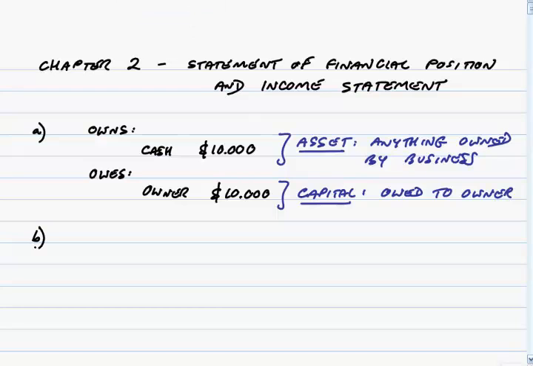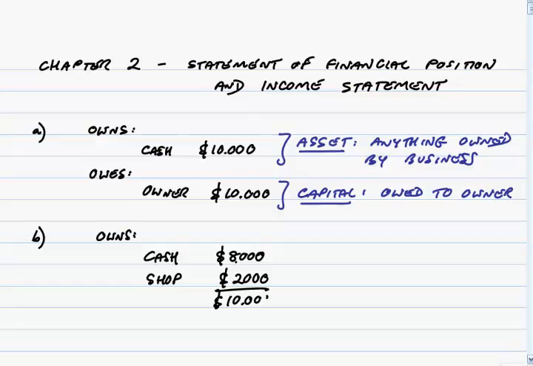The next thing that happens, the business buys a shop for $2,000. So let's list again. First of all, what does the business own? They've still got cash, but because they've bought a shop and spent $2,000, the cash has fallen to $8,000. So there's the first effect of the transaction. But of course the second effect, the business now owns a shop, and the shop is worth how much? $2,000. So in total, the business still owns $10,000.